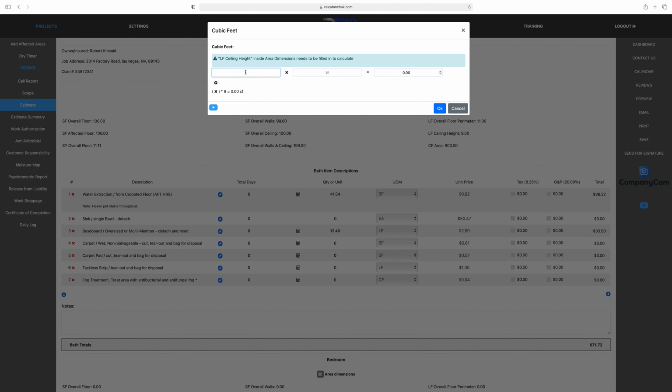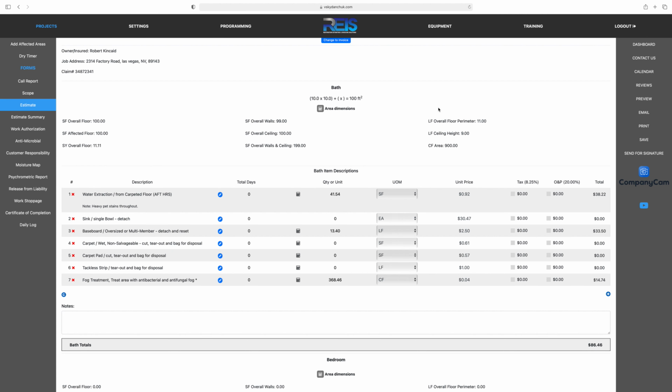As we all know, length times width times height is how you get cubic feet. So let's say it's 4.6 and we got 8.9. We're already at 40.94, but now it's going to calculate it with that linear foot ceiling height. Now I'll press OK. And look what happened.